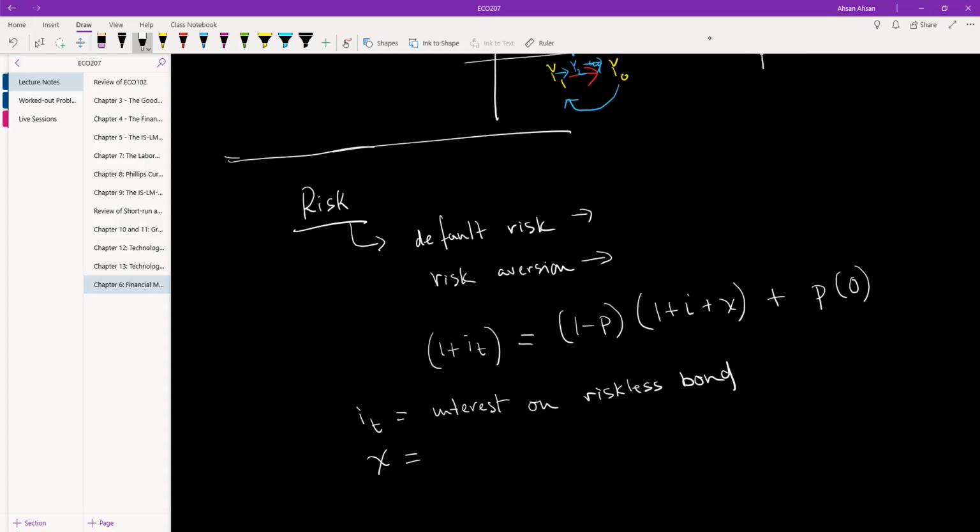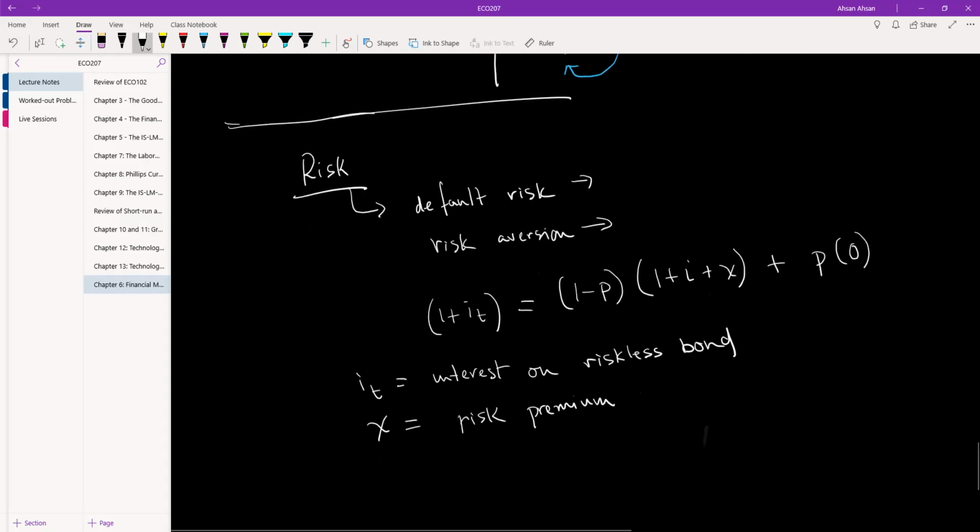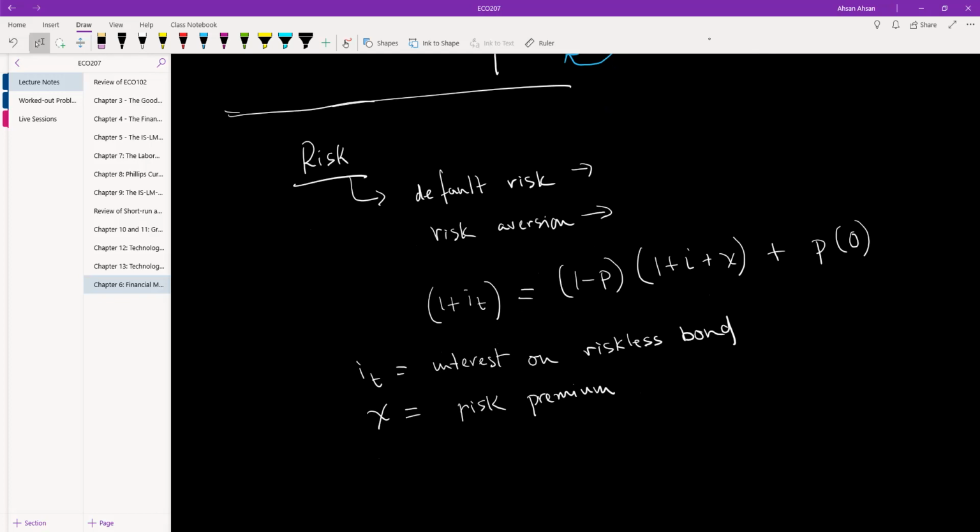X is the risk premium. So as risk goes up, you demand a higher interest rate.